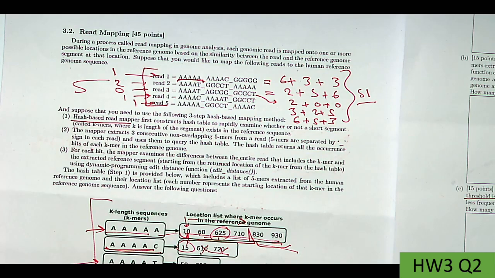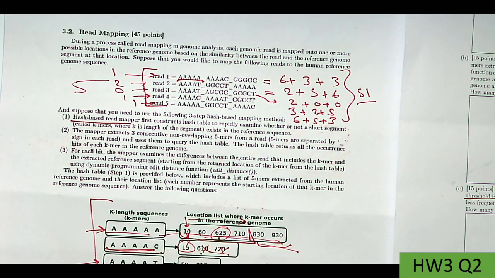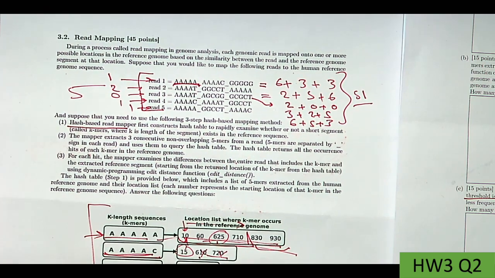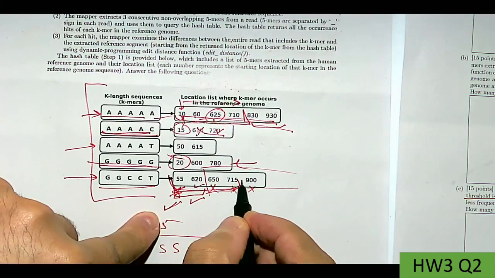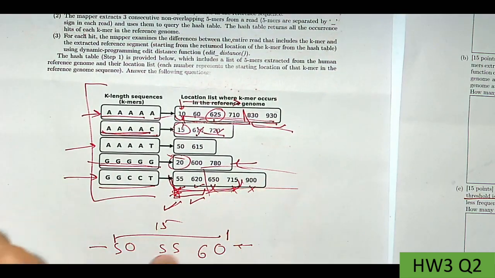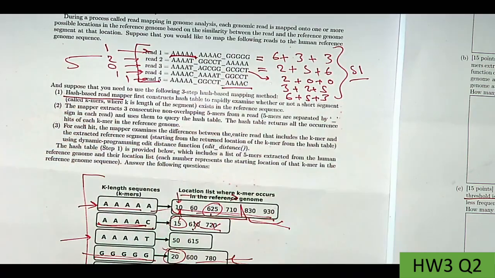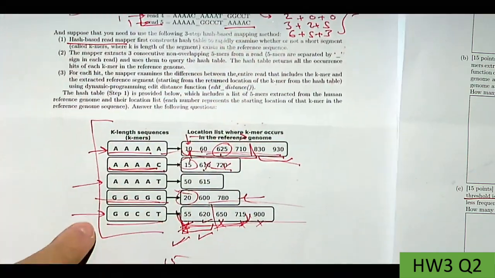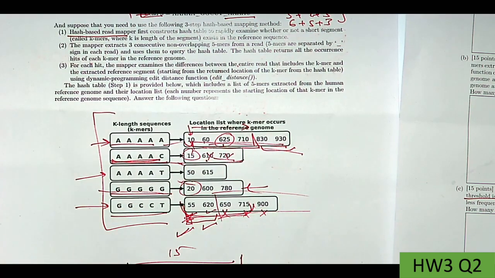Same thing as the 5 A's: the threshold is 4, so you can consider the first 4 locations, or you ignore this one. And then the last k-mer here is 4 A's, 1 C. You got 3 locations. On the safe side, you can apply edit distance to 3 of them.